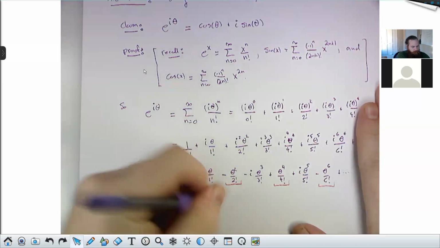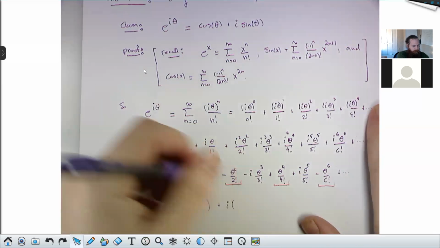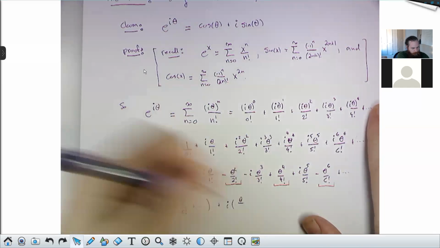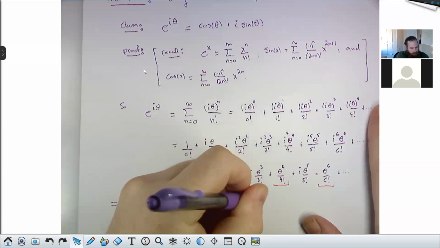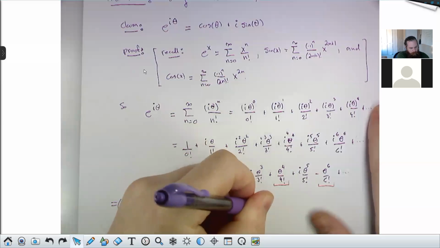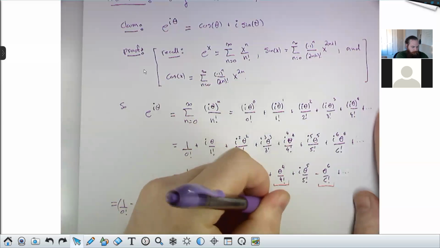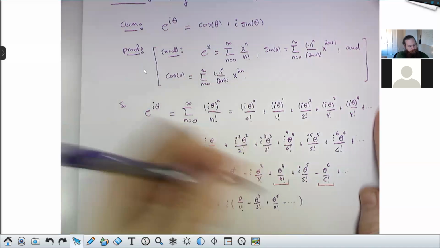And then plus, everybody else has an i in it. I'll factor the i out, and we get theta over 1 factorial minus theta cubed over 3 factorial plus theta to the 5 over 5 factorial minus, and so on.